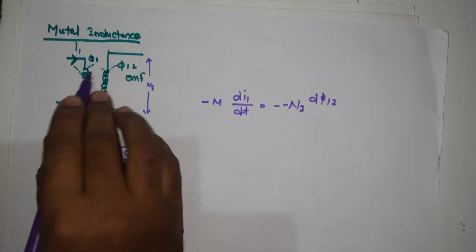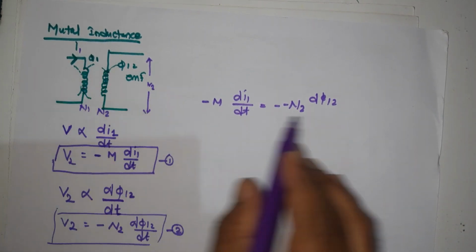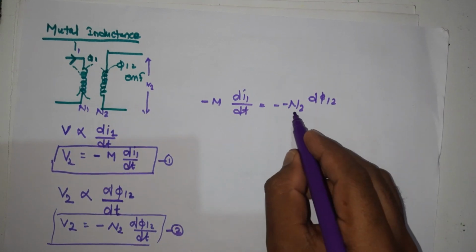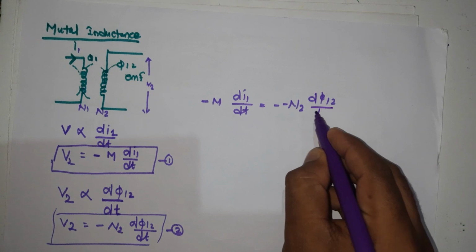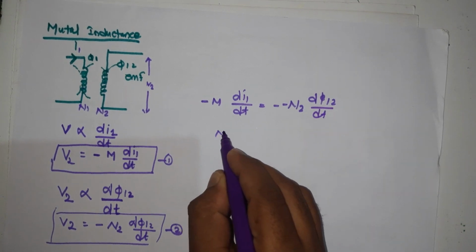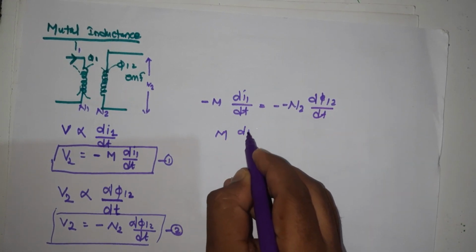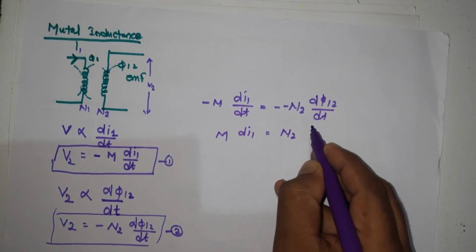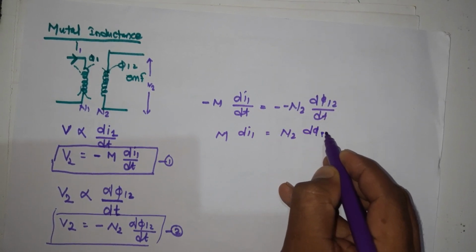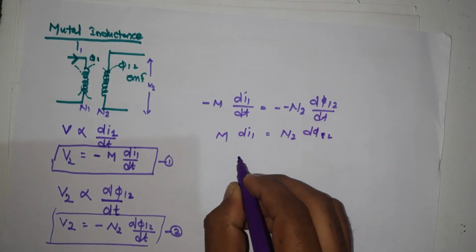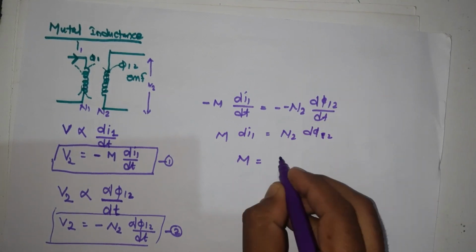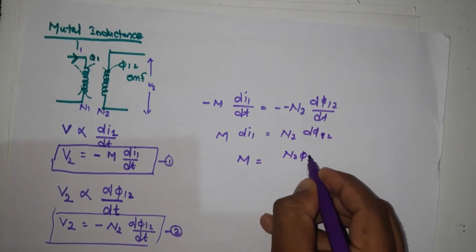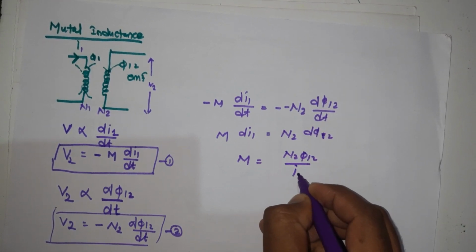Not all flux is linked, only some flux is linked, that is phi 1 2. We can also write M dI1 equal to N2 d phi 1 2. So finally, mutual inductance can be written as N2 phi 1 2 by I1.